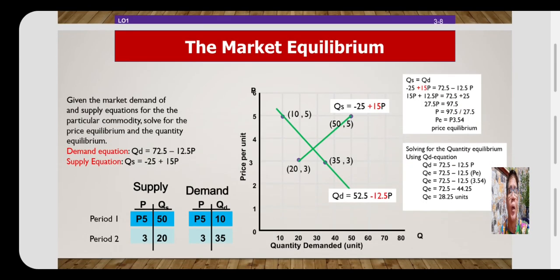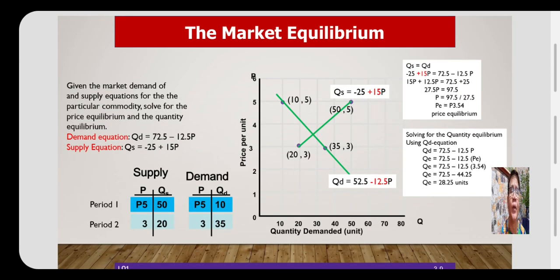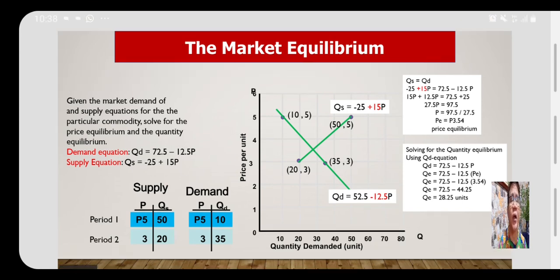Now, because we already have derived the demand and the supply equations, we can now proceed to the next problem, which is to find the price equilibrium and the quantity equilibrium. So look at the point of intersection between the demand curve and the supply curve given on the Cartesian plane.